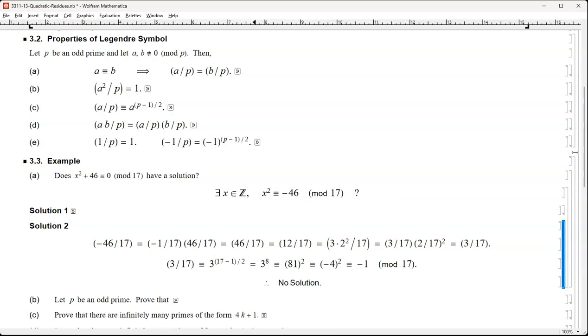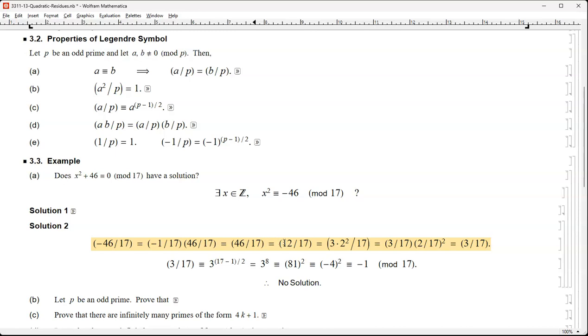This is another method. This one is from our textbook. (-46 over 17) decomposes into (-1 over 17) times (46 over 17). And then negative 1 to the 8th power is 1. So this one actually becomes 1 and drops out. So we have (46 over 17).